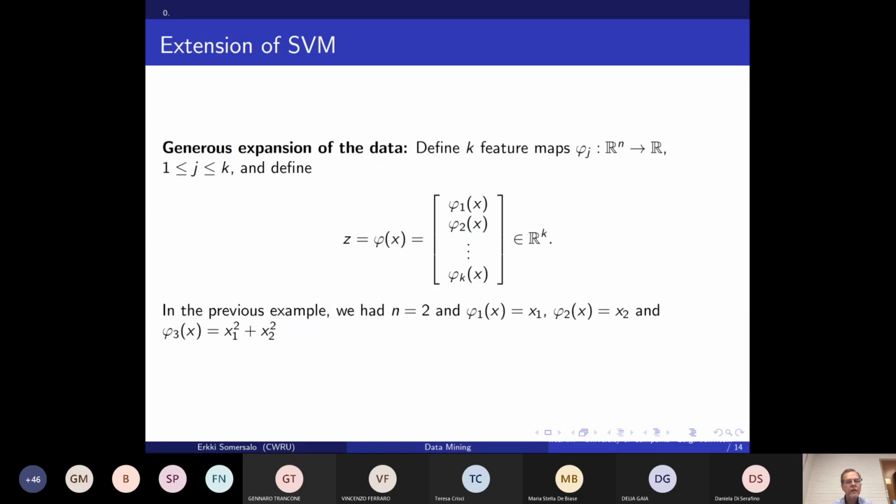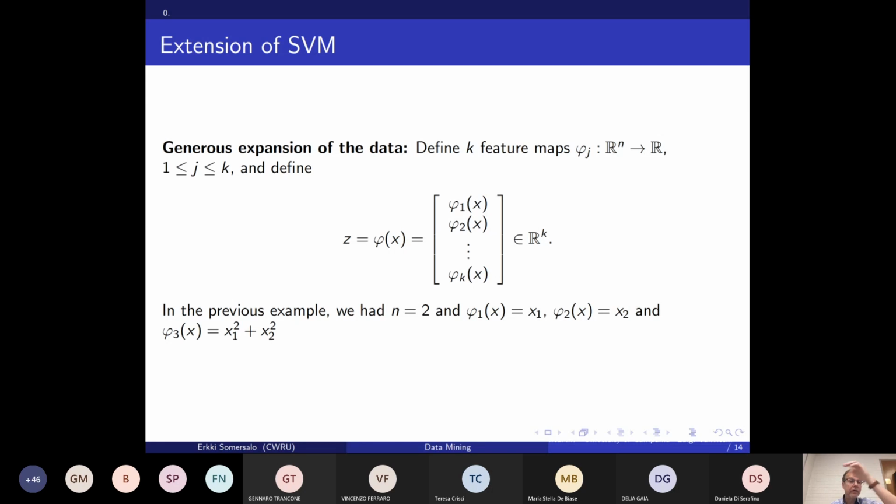So let's suppose that instead of introducing just one feature map phi, I make a generous expansion of the data. Instead of generalizing my data from 2 dimensions into 3 dimensions, I say I'm generalizing my data from 2 dimensions into k dimensions, where k can be really, really large. Actually, at the end, we make k infinite, as you will see.